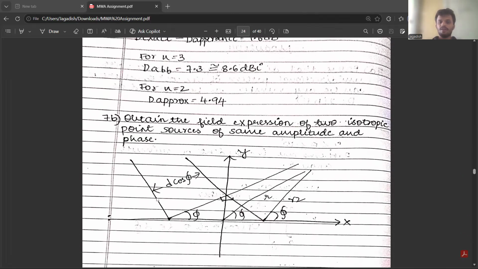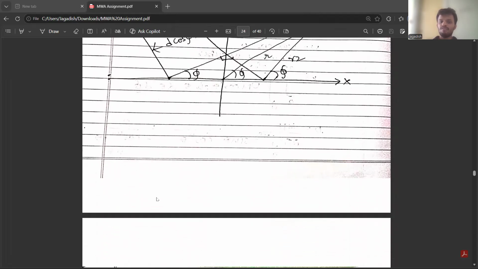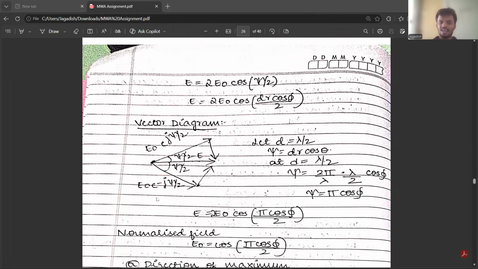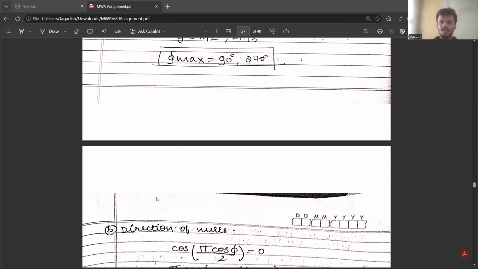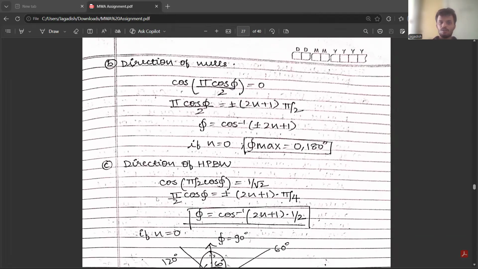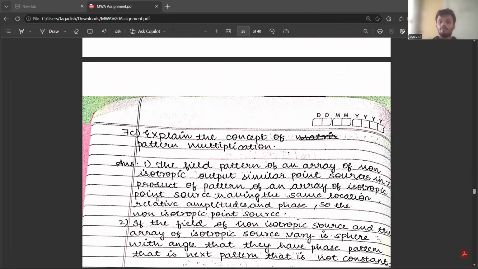Those are important. Obtain the field expression of two isotropic sources of same amplitude and phase. Same amplitude and phase means you will get the final equation for the same direction and same amplitude.